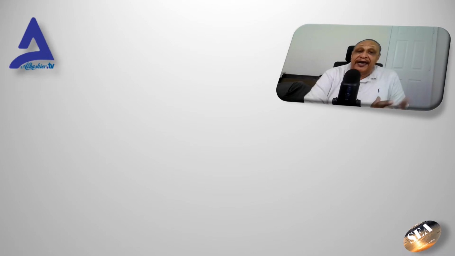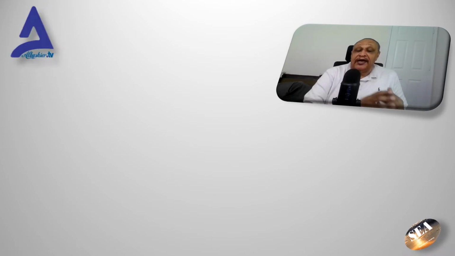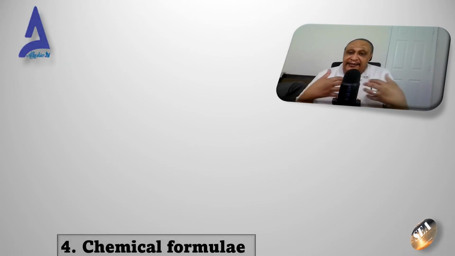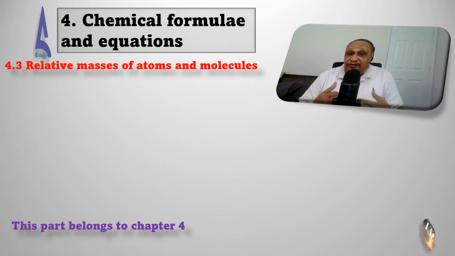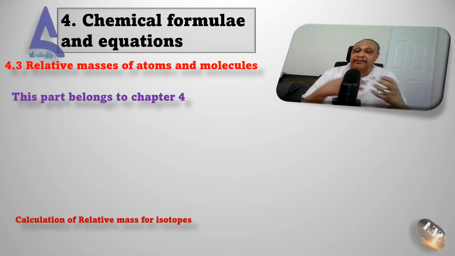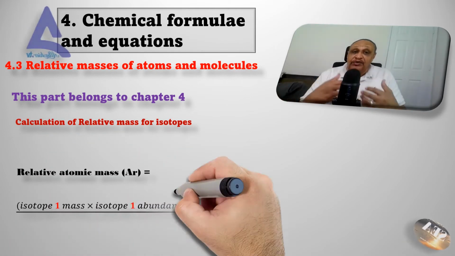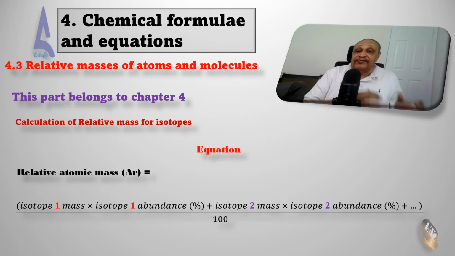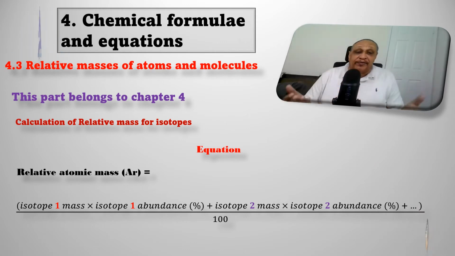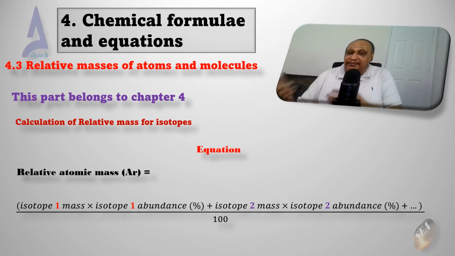Based on our knowledge of the difference between the regular arithmetic mean or average and the weighted mean or average, we would like to come up with an equation that solves any problem of relative atomic mass.